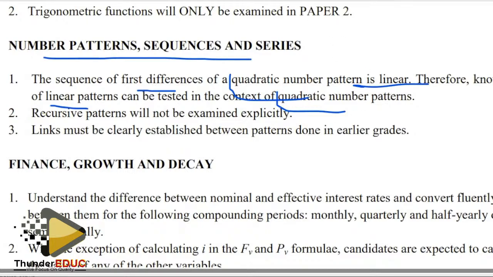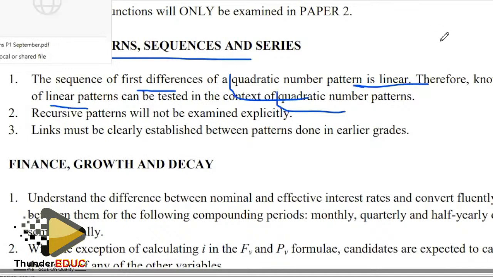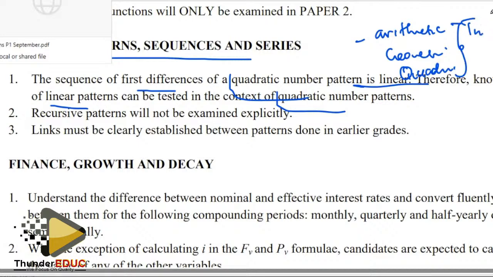And so remember, guys, that when we talk about number patterns, we have what we call the arithmetic, the geometric, and then the quadratic. What is important with all 3 is that we need to know their Tn, the nth terms: a plus n minus 1 into d, ar to the n minus 1, and then an squared plus bn plus c.